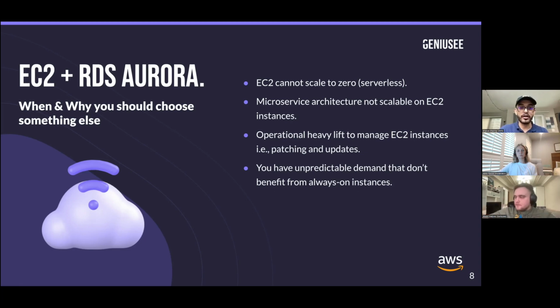Similarly, if your legacy Java application is not using a framework like Quarkus, which is cloud native, and you still want to leverage a microservice architecture, then EC2 is not the right choice, just because of how bloated legacy frameworks are and how large a memory footprint they have.